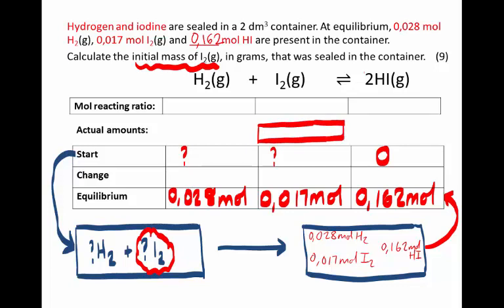And then something happened during the process of getting from the start to the equilibrium situation. What is it that happened? Some of this initial iodine reacted. We don't know how much. So I'm not doing this to scale, but let's say this amount reacted. When it reacted, it became part of the hydrogen iodide. It's there now.